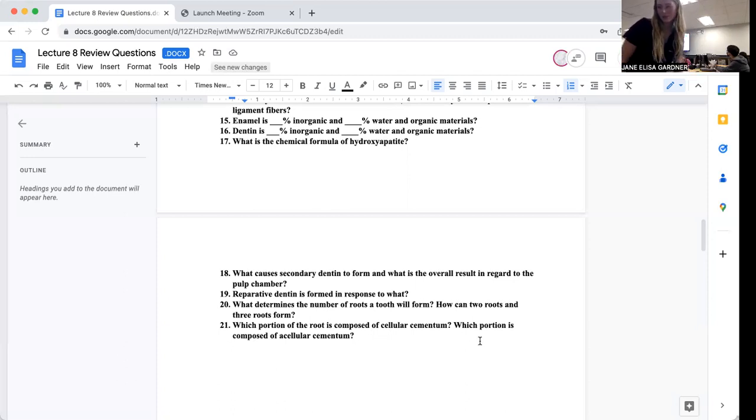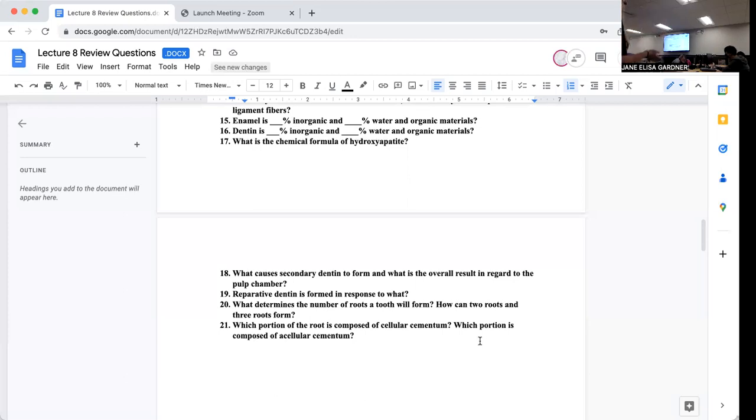Which portion of the root is composed of cellular cementum, and which portion is acellular cementum? I think it's on page 174 and 173 if we have the same pages. Cellular means the cells are trapped, acellular, no cells are trapped.